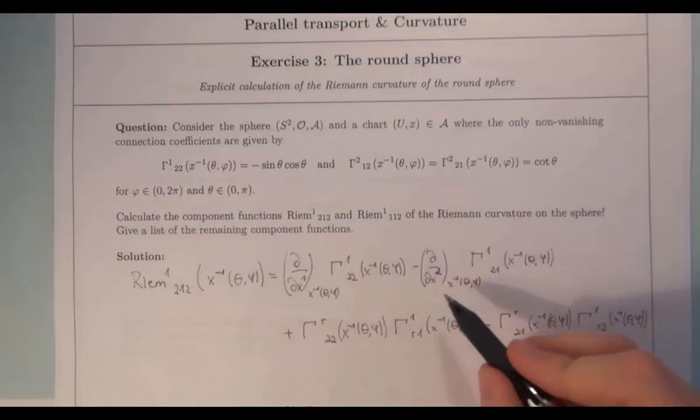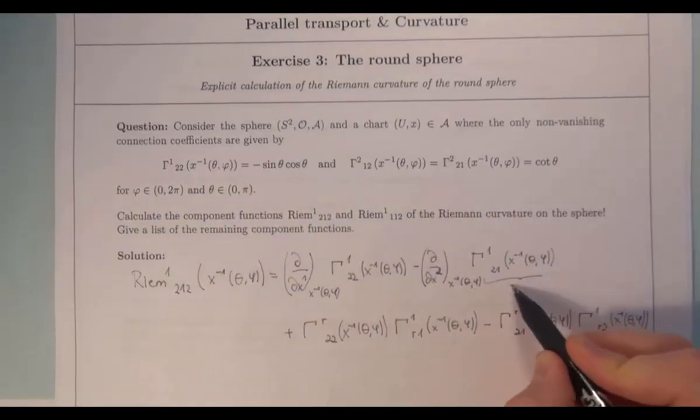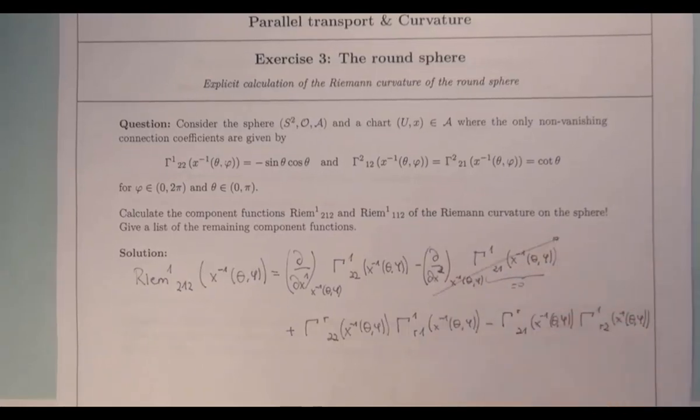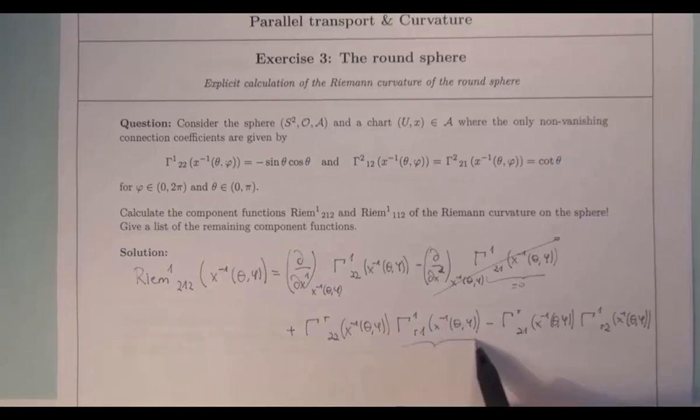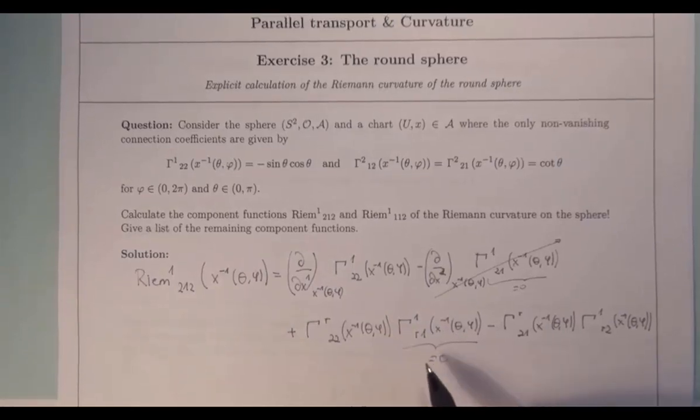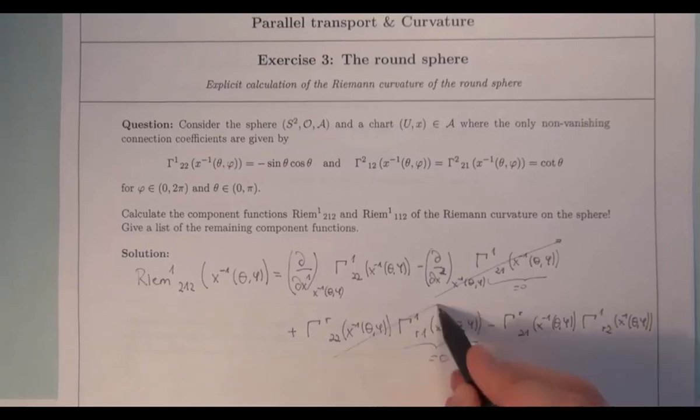So now we see gamma 1, 2, 1 is vanishing. So this term goes out. Also, gamma 1, R, 1 vanishes no matter what we insert for R. So this term is gone.